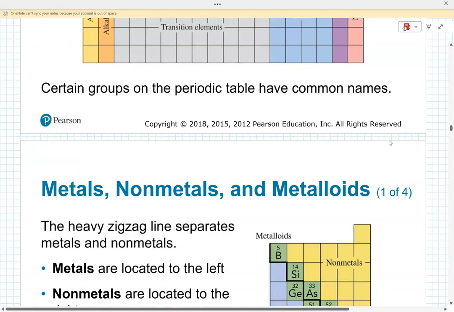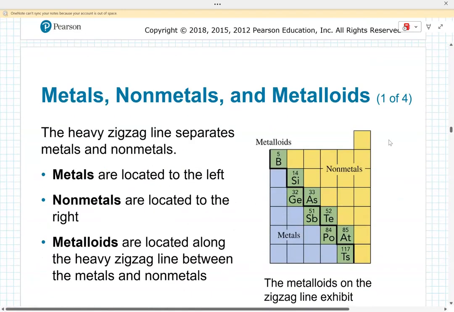Okay, sounds good? Now, there are certain things that you will have to memorize regarding the periodic table. So the upper right corner are nonmetals. And you can see this zigzag. Everything to the right of that zigzag are nonmetals with some minor exceptions.